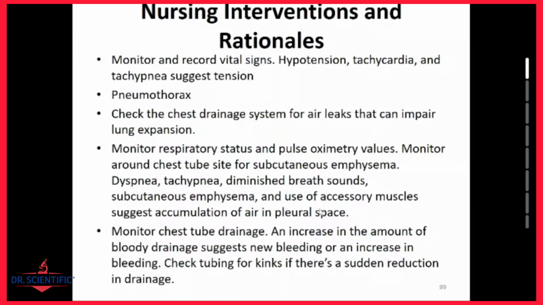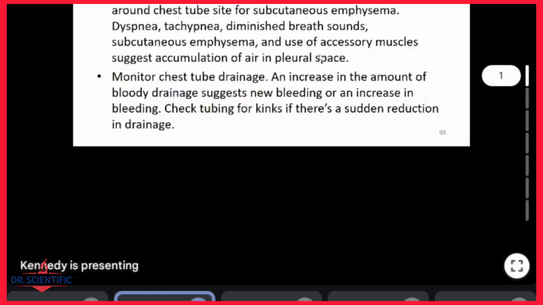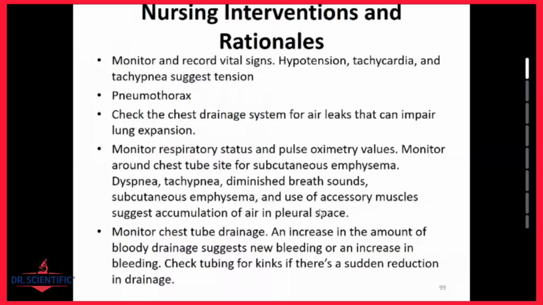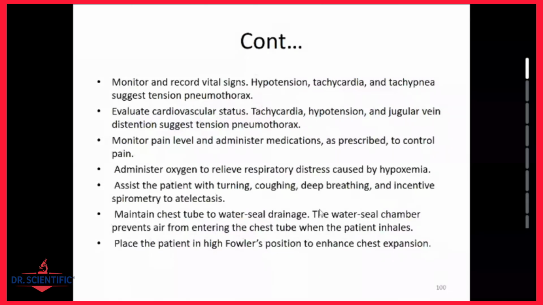Your interventions: monitor and record vital signs. We've already seen the vital signs. Check for kinks, because with the presence of kinks there will be a sudden reduction in the drainage, so you have to check for that. Cardiovascular status, administer oxygen for respiratory distress, more especially in hypoxemia.